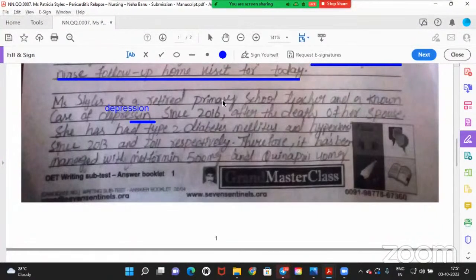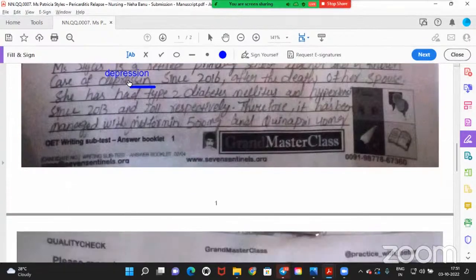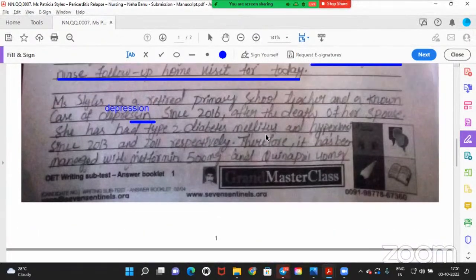Miss Stiles is a retired primary school teacher and a known case of depression since 2016, after the death of her spouse. She has had type 2 diabetes mellitus and hypertension since 2003 and 2011 respectively.